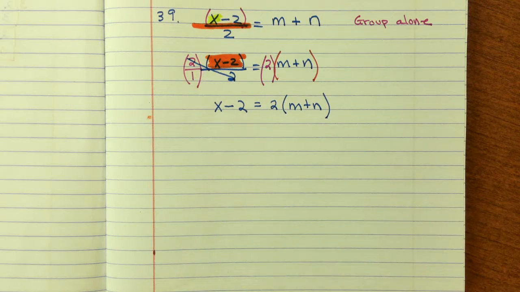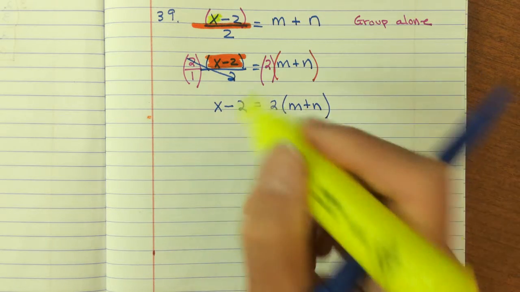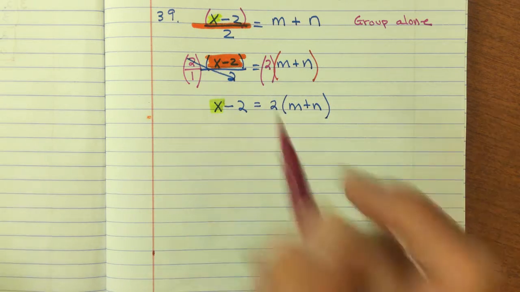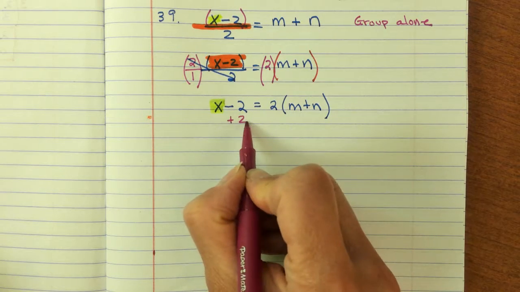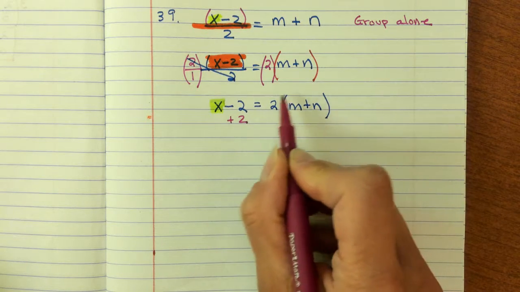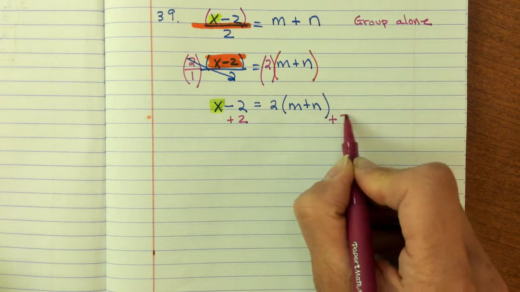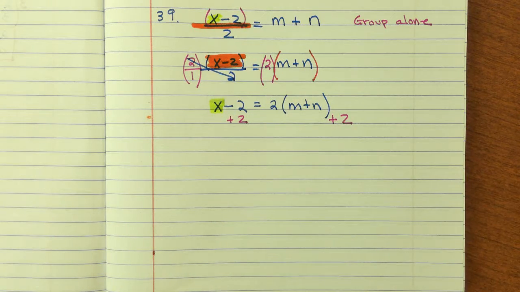So now I've gotten x, the group, by itself. Now I can simply solve for x. So I'm going to add 2. Be careful, this is all multiplying here and grouping, so I have to add 2 on the outside.